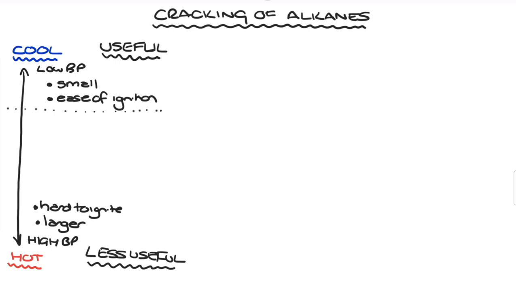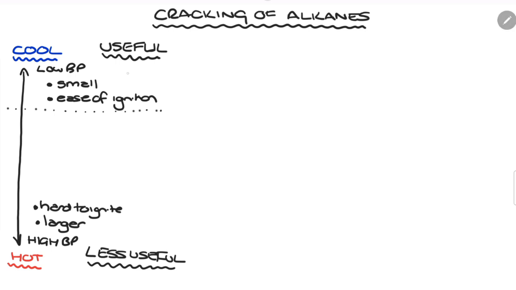It's just harder to ignite it in the first place. But by and large, the smaller the molecule, the more useful it is as an everyday fuel, for what we would want at home, such as natural gas.